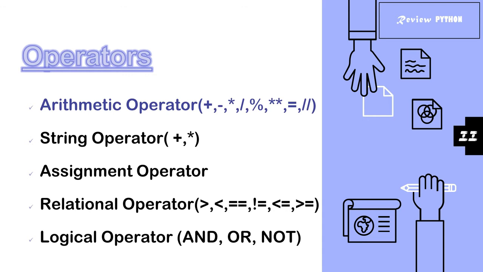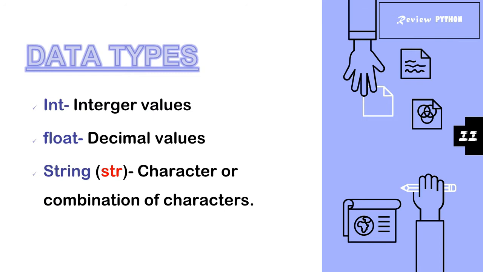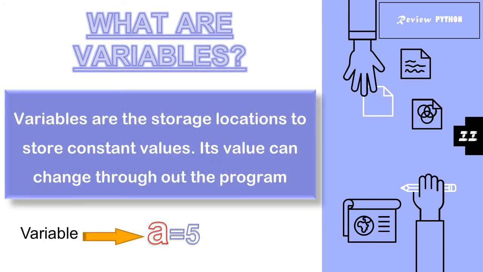This single equal to sign is not equal to, basically it is for assignment. It is a different operator. You can see it here, I have written assignment operator. Now what it means: if I write a equals 5 as we did in the previous slides, you can see here a equals 5.